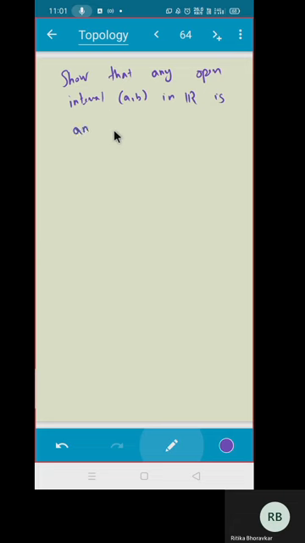Can you prove that? Think about it. What do you have to prove? You are given an open interval (a, b). You are supposed to prove this is an open ball.